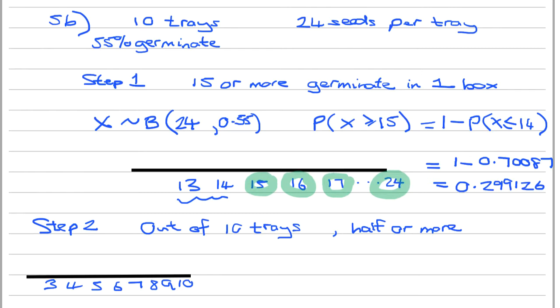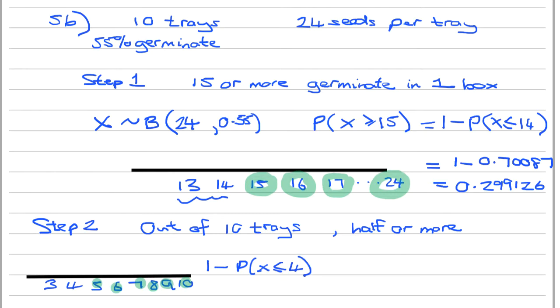Now for the next step, out of 10 trays, half or more have to germinate. So if we think half or more, it's going to be 5 or more. If I highlight this here, I've got 5, 6, 7, 8, 9 or 10. So it's going to be a binomial again. We want it to be greater than or equal to 5, so that's going to be 1 minus the probability that X is less than or equal to 4.